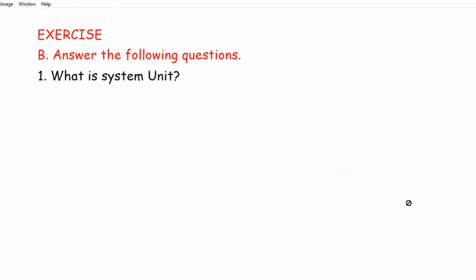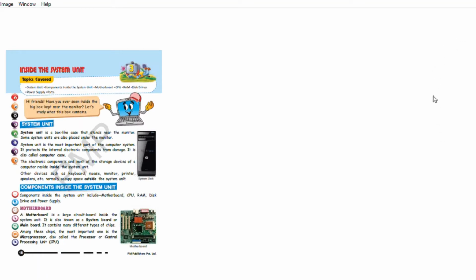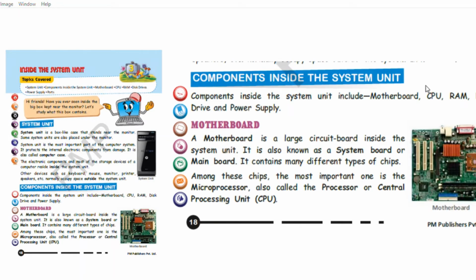Now, question number 2 is, what is motherboard? The answer for this question is also at page number 18. So, underline the answer. Your answer is, a motherboard is a large circuit board inside the system unit.